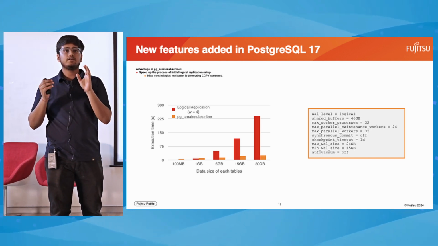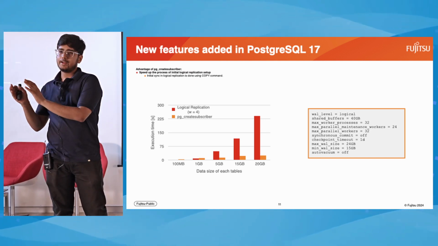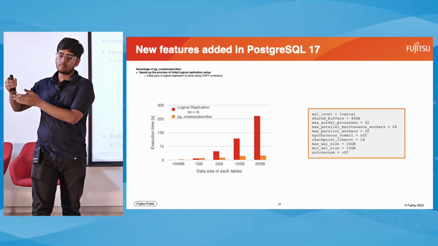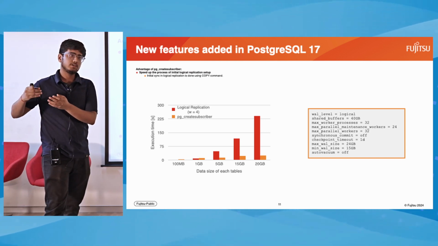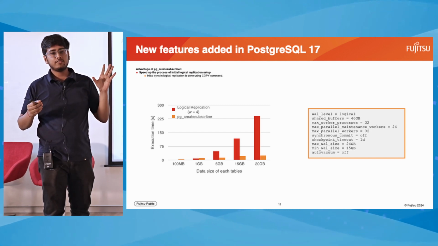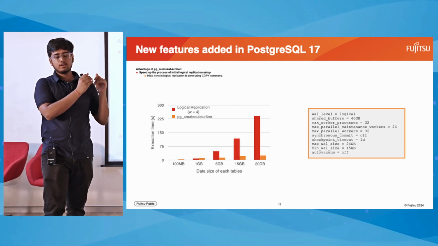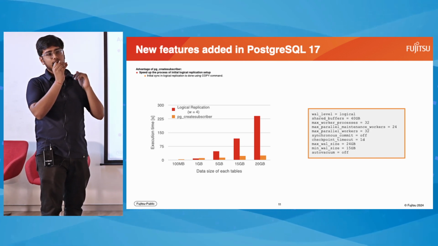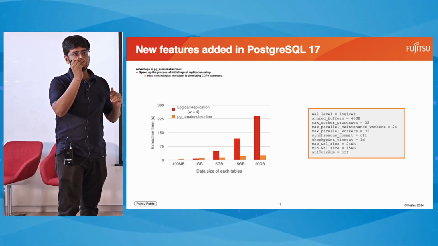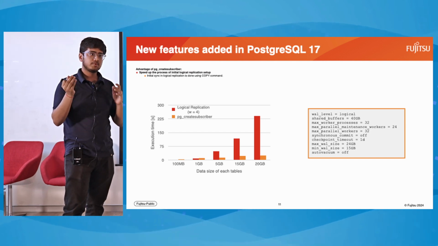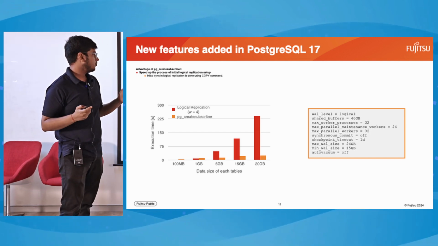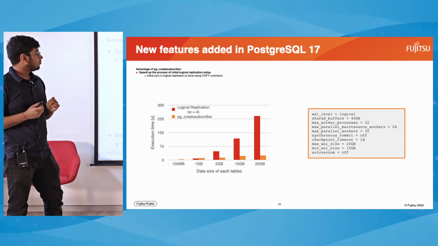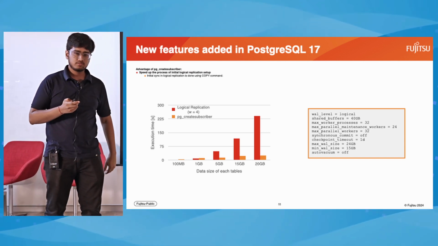Those operations are not immediately replicated because the initial sync is still catching up and the copy command is in running state. So those changes are stored in the form of WAL records, and the WAL records can grow and cause the disk to fill up, which can create problems. But if we use PG Create Subscriber, we will not face such an issue.